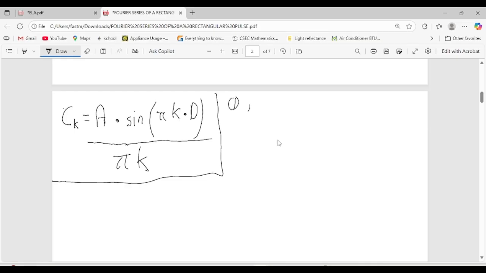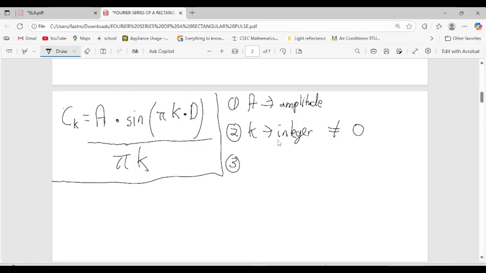So the first thing, A, is just your amplitude. Amplitude is basically just the height of the pulse, remember. The second thing, k, is just an integer not equal to 0, because remember, we did the DC component already, which is when k is equal to 0. So this would be like 1, minus 1, 2, yeah, not 0, okay?